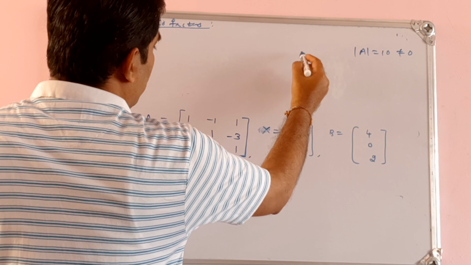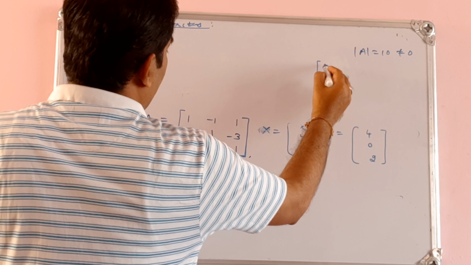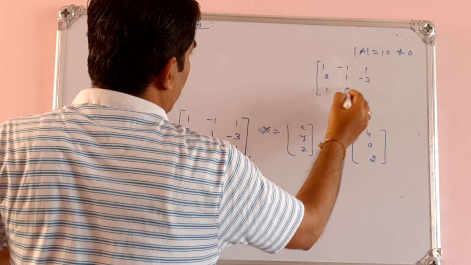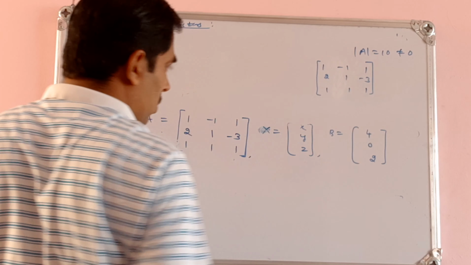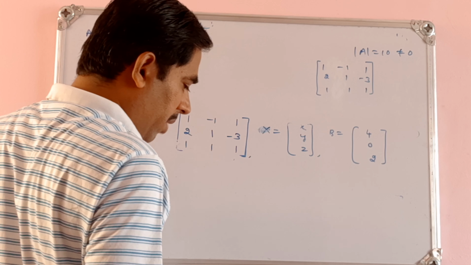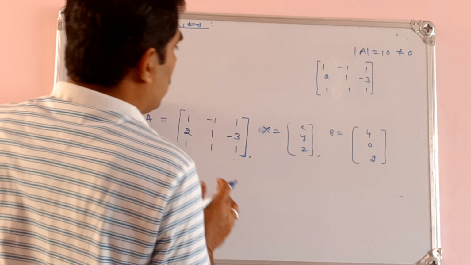So let me write the matrix here. See, 1 minus 1 1, 2 1 minus 3, then 1 1 1.